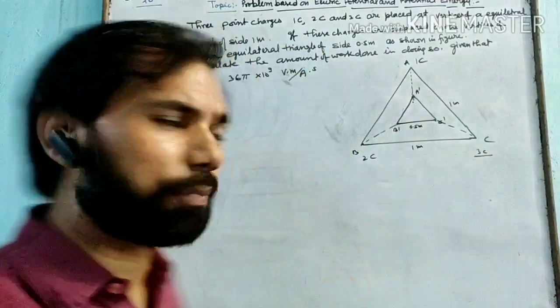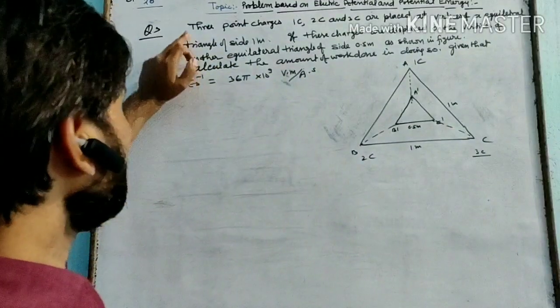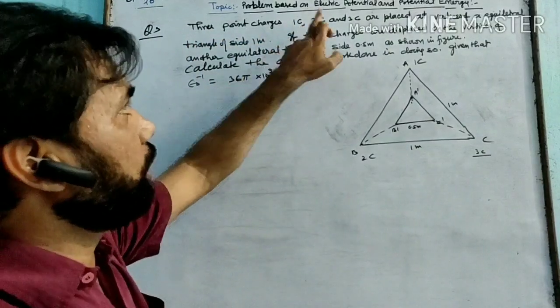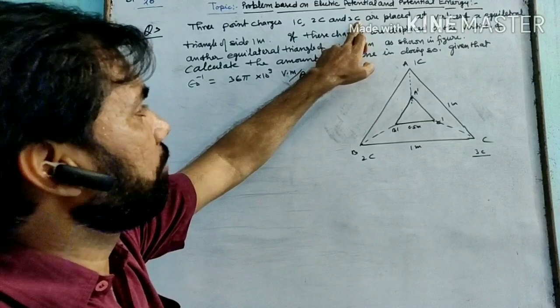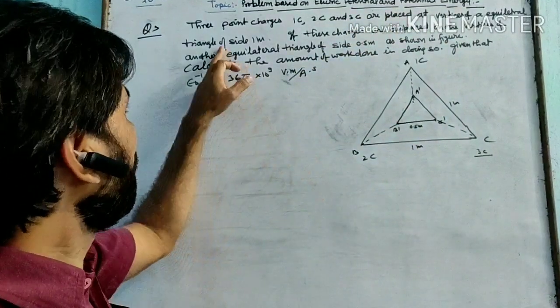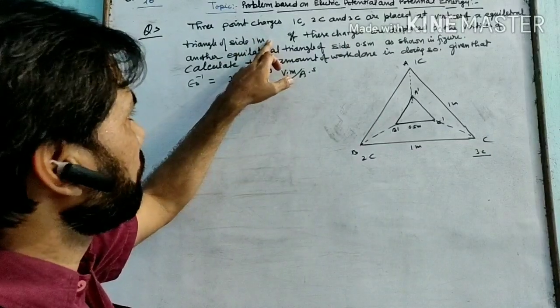Let us read the problem. That is, 3 point charges having magnitude 1 coulomb, 2 coulomb and 3 coulomb respectively are placed at vertices of an equilateral triangle of side 1 meter, which is shown in the figure.